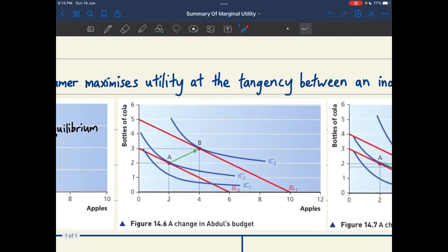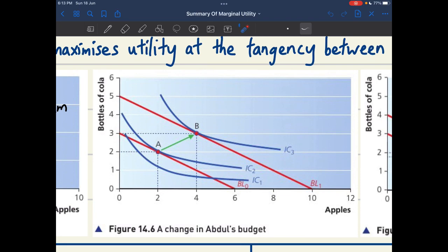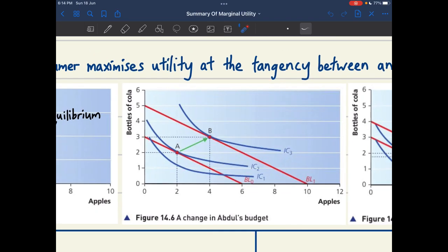And then if let's say there's a change in Abdul's budget, assuming that now instead of buying 6 apples and only 3 bottles of cola, now Abdul is able to purchase 10 apples and 5 bottles of cola. And then the IC curve will now shift from IC2 to IC3.